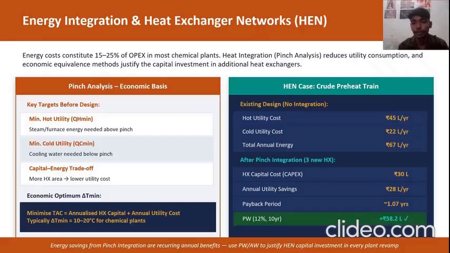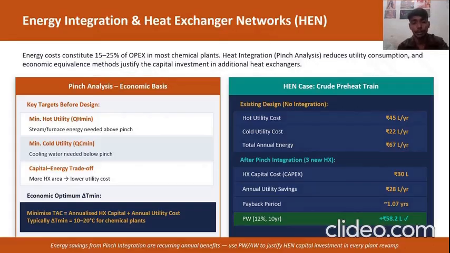And we have given one table that demonstrates the analysis of the overall cost. It compares the cost before integration and after integration. Before integration, the total annual energy cost was 67 lakhs per year, but after pinch integration, we got 20% less than the previous energy cost.